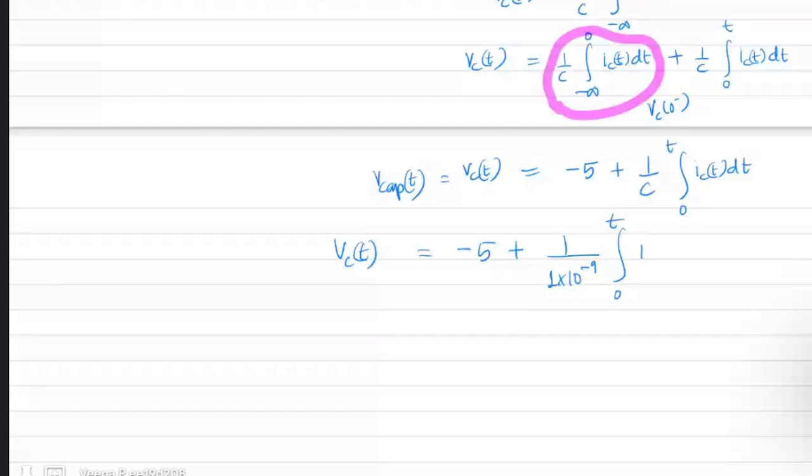So 3 dt. Now you are asked to find the capacitor voltage at t equal to 3 nanoseconds, right? So this becomes minus 5 plus 1 by 1 into 10 raised to minus 9 times 3. Now integral dt from 0 to t is t. Now this t is nothing but 3 nanoseconds. So 3 into 10 raised to minus 9.